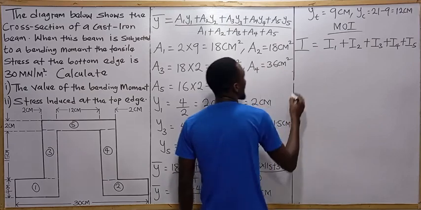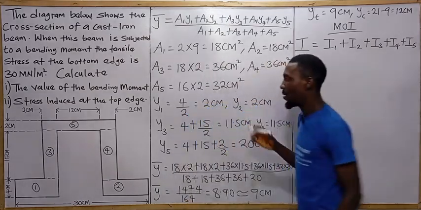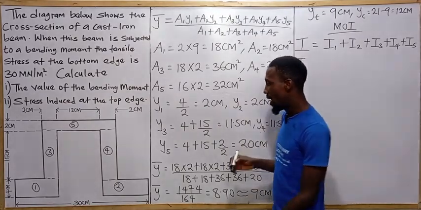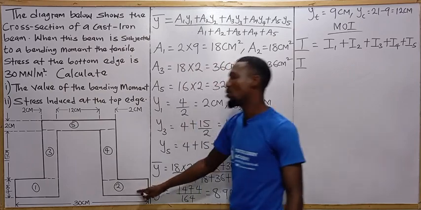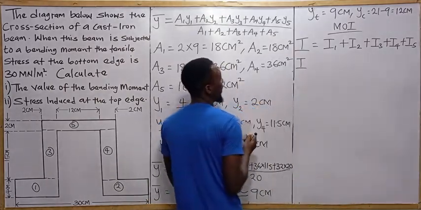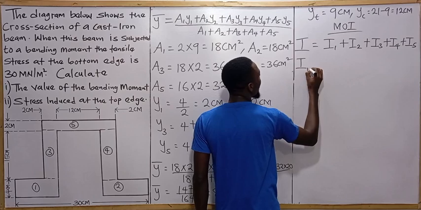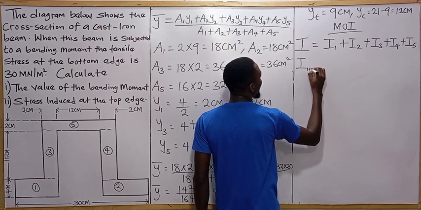All right, so I1. Now, I will not waste our time here. I1 and I2 are going to be the same thing, right? So let's just sum them together, I1 plus I2 here.